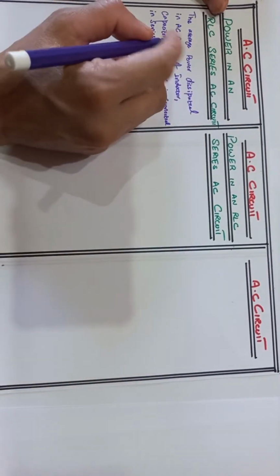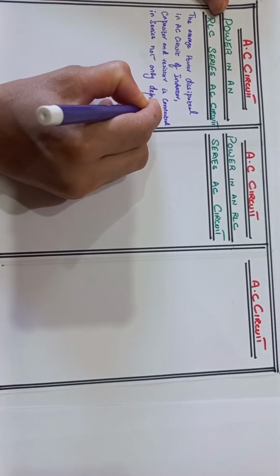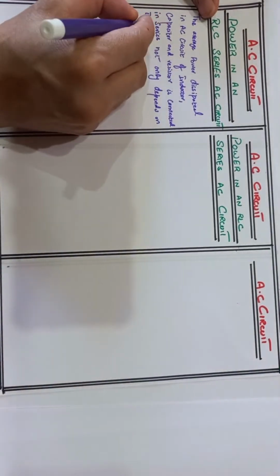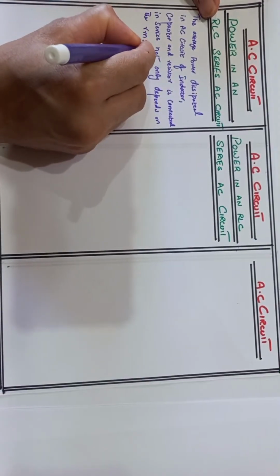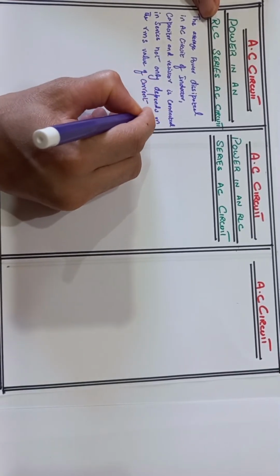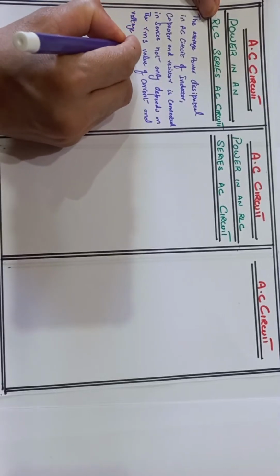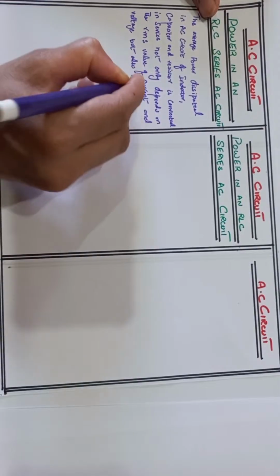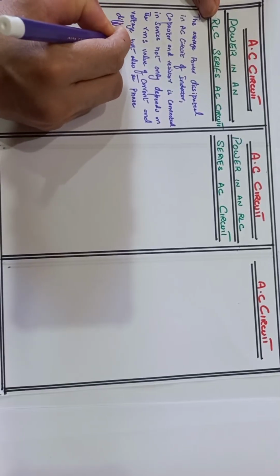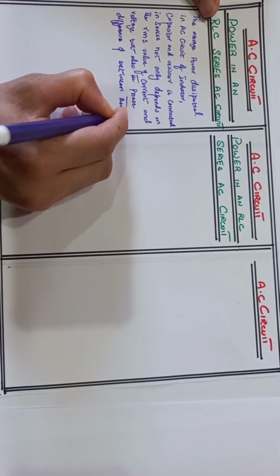So we write that it not only depends on the root mean square value of current and voltage, but also on the phase difference phi between them.